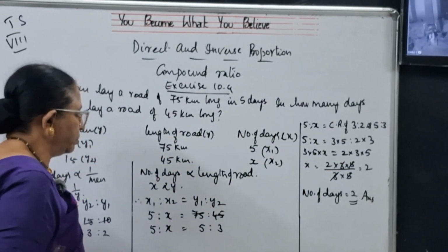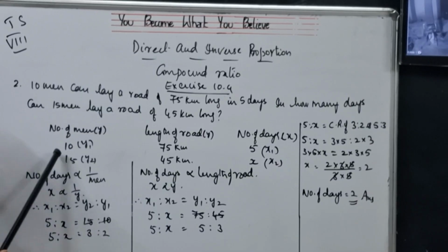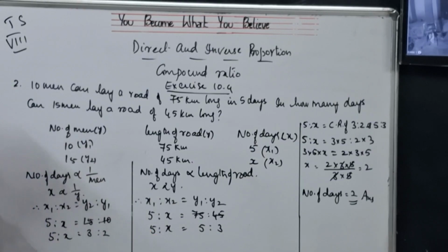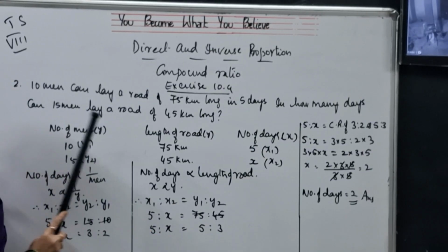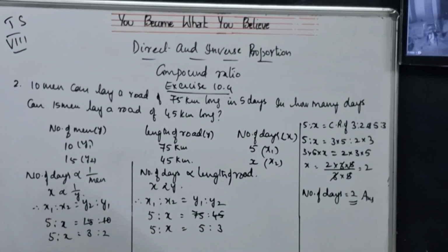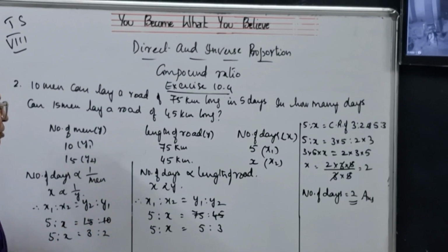So what is the problem? See children, in this problem we have got two ratios, direct and inverse. 10 men, 75 kilometers length of road, they will do it in 5 days. 15 men, 45 kilometers road, how many days will they take? So since x is here, we consider this as x and the remaining two are y.